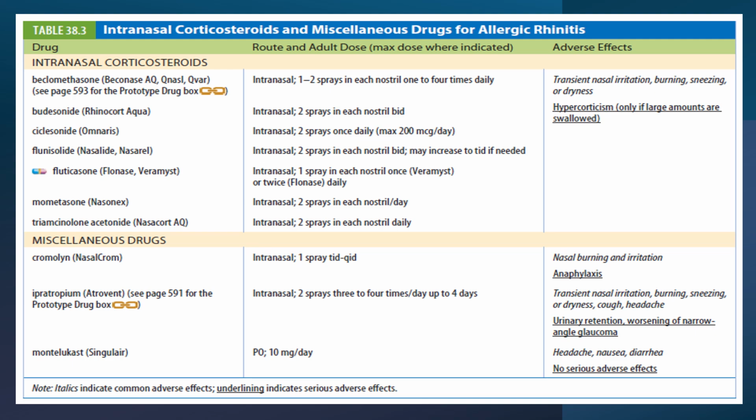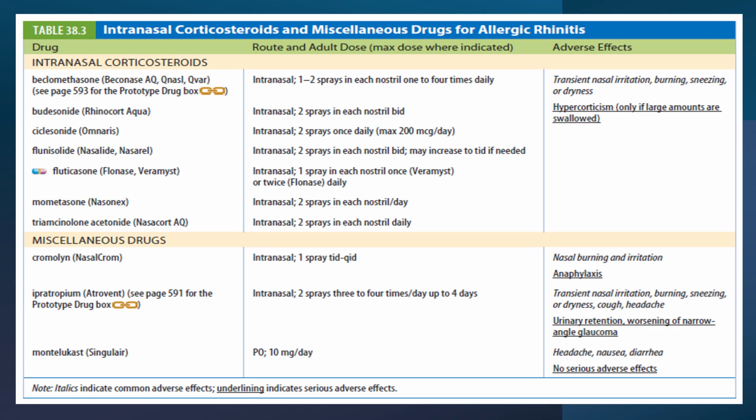Now, we have your intranasal corticosteroids and miscellaneous drugs. For your intranasal corticosteroids, corticosteroids, also known as glucocorticoids, are applied directly to the nasal mucosa to prevent symptoms of allergic rhinitis.